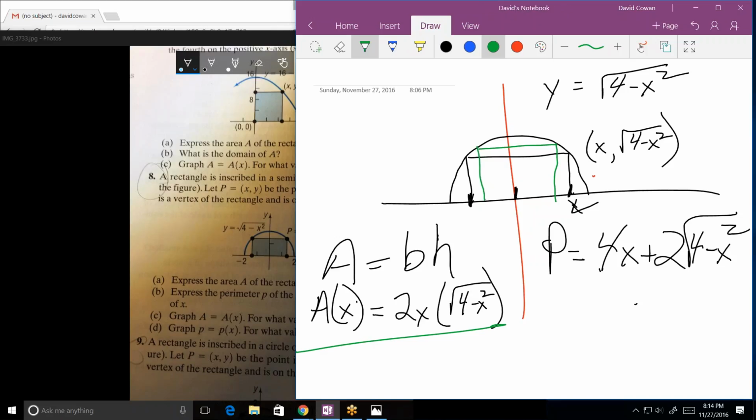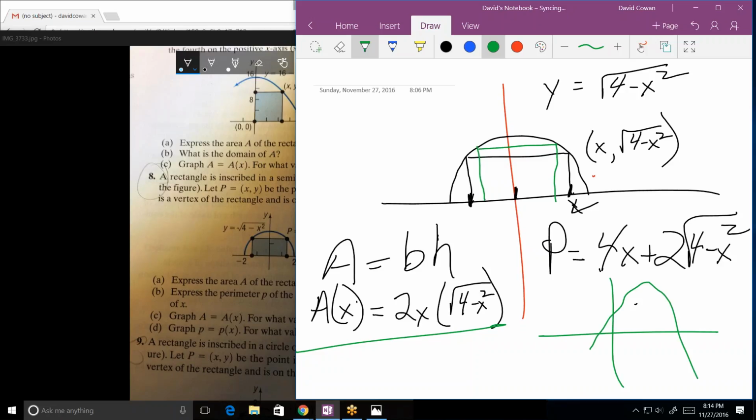To do it without calculus, you would graph that. You would end up with a graph that looked like a quadratic. That graph's going to look something like that. Notice how I know that's a quadratic.